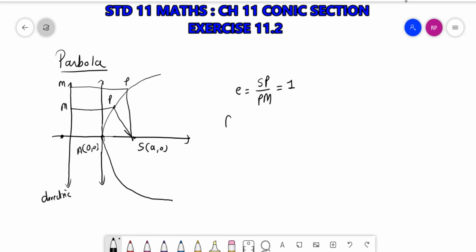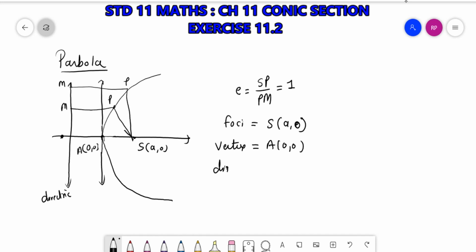So now, see, there are different parts that we will see. First, we will see the focus. For any parabola, the focus will be (a, 0). The vertex will be (0, 0).